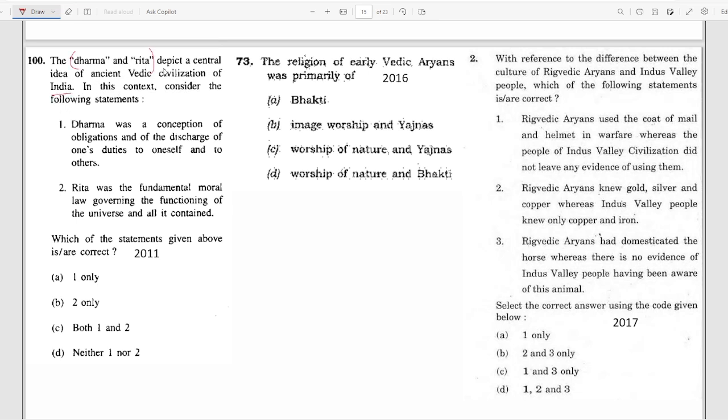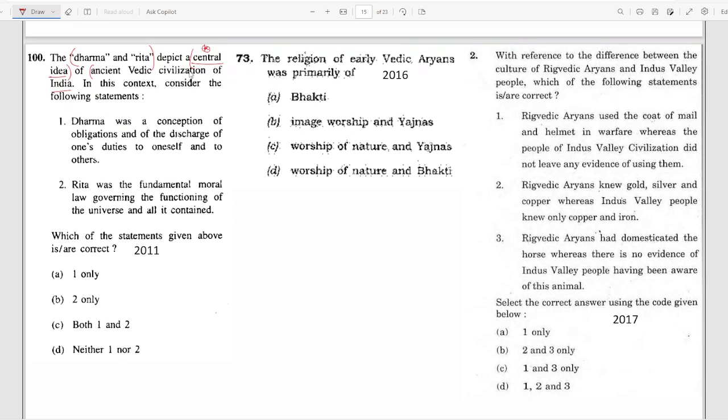So you have to know what is the central idea of the famous civilizations. In this context, consider the following statements. Dharma was a conception of obligations and of discharge of one's duty to oneself and to others. Rita was the fundamental moral law governing the functioning of the universe and all it contained.